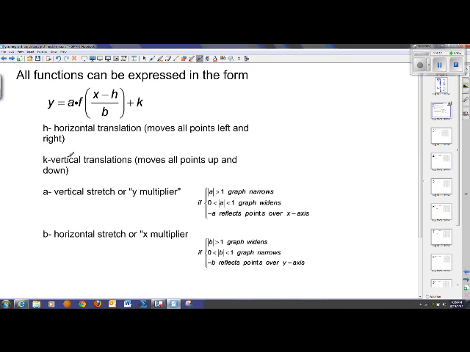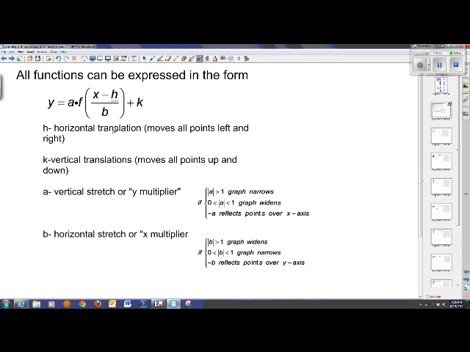We have some y equals a f of x minus h over b plus k. And each one of these variables has something to do with the movement or the change in the shape of the function. The h value, right here, and notice it's going to be important to follow this exact form, so h follows a negative or a subtraction.